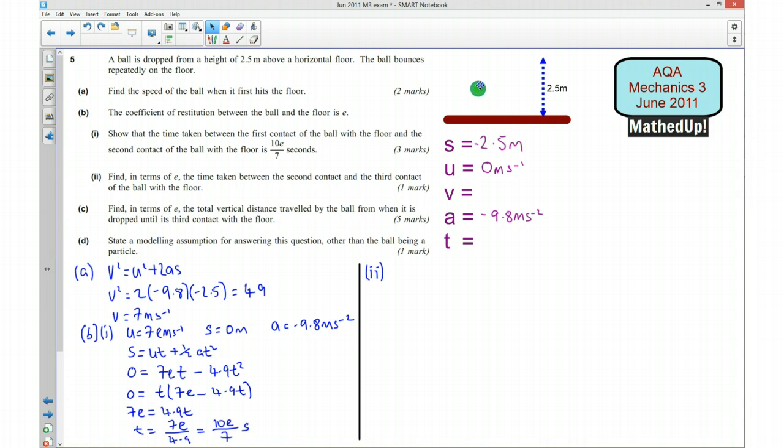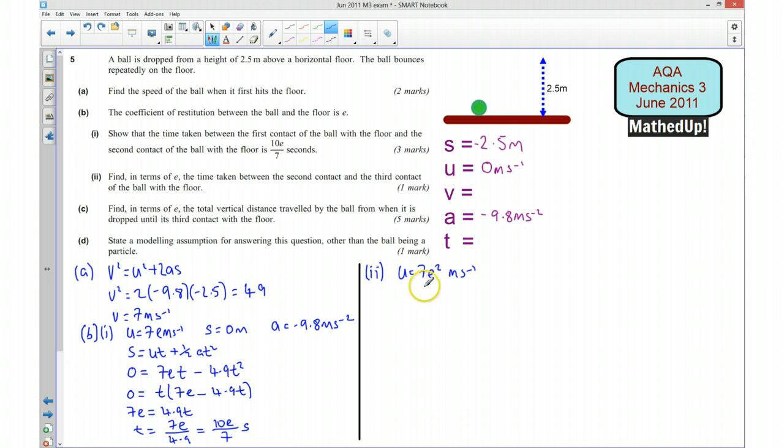It then bounced again and was dropped again, and at this second contact it now has an initial speed of 7e times e meters per second, so 7e squared meters per second. So we can say that u is equal to 7e squared meters per second.